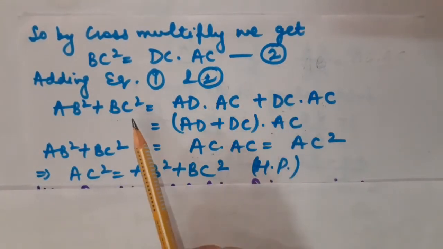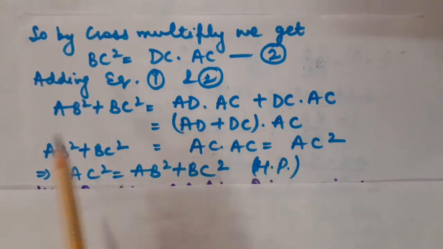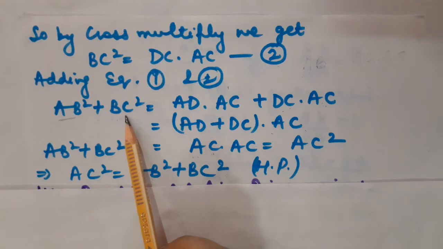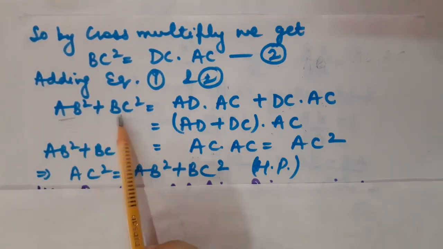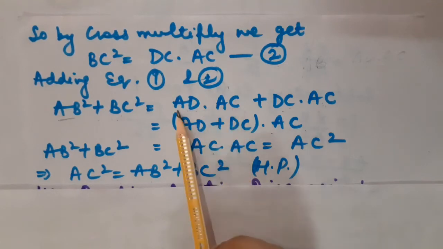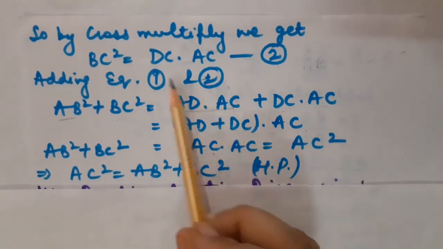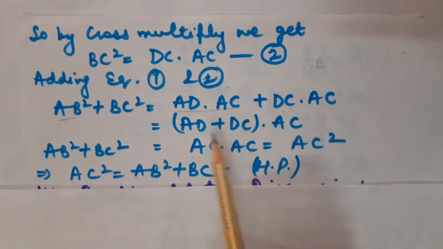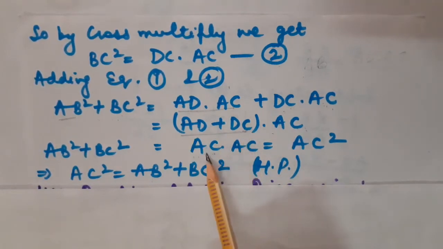Now I am going to add equation number 1 and 2. Why? Because I want AB square plus BC square. So when the left hand side is added, in the right hand side I have got AD into AC, this is from equation number 1, plus DC into AC. Taking AC as common, I have got AD plus DC into AC. AD plus DC is nothing but AC only.